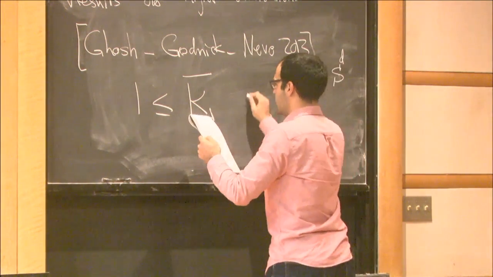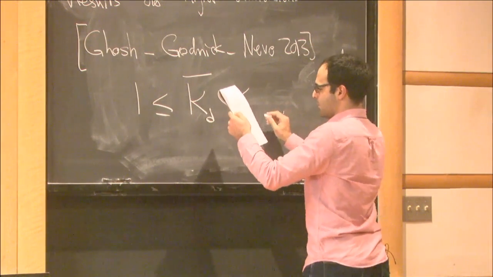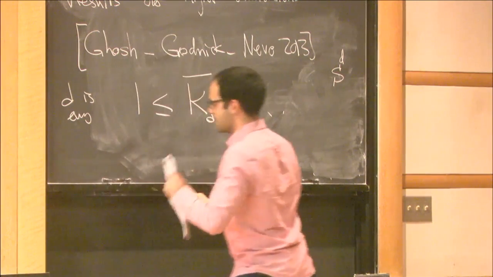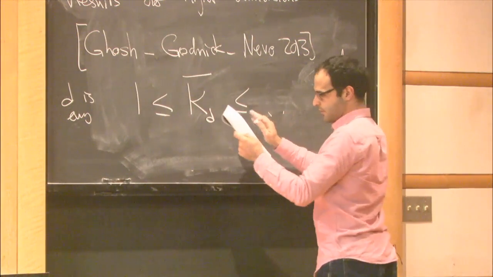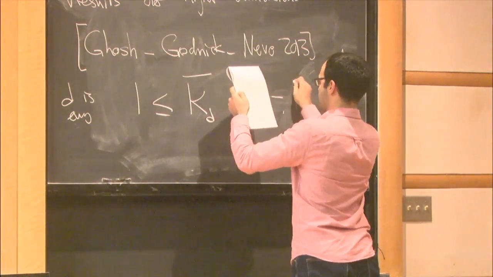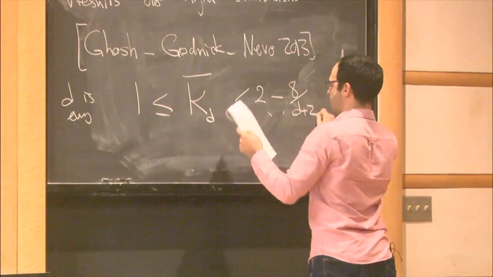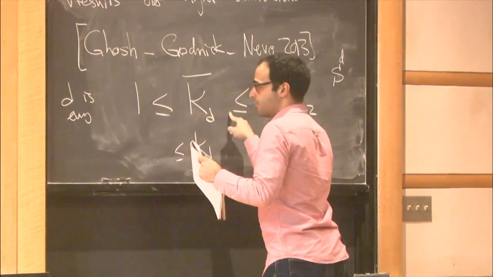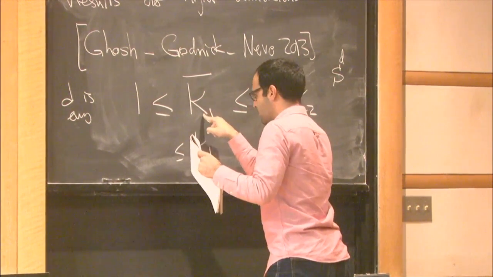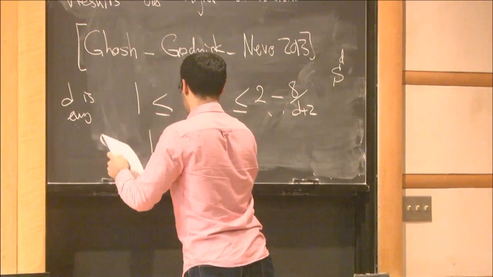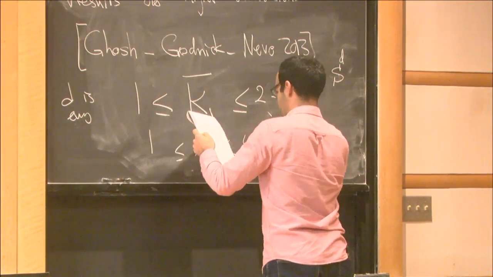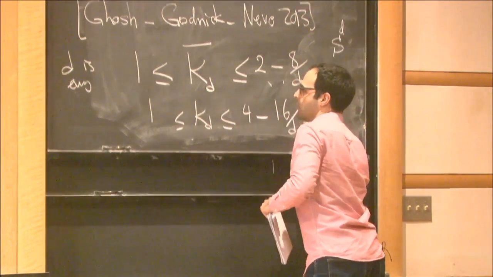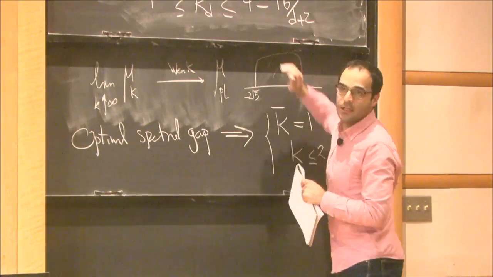So K_D bar is the average covering exponent. D is also even. So let's think about the case D equals 6, for example. K_D bar is 2 minus 8 over D plus 2, and for K_D, we don't have a sharp upper bound. We don't know the exact value of K_D bar yet, because we don't have Ramanujan. So these are the known bounds on K_D bar and K_D.